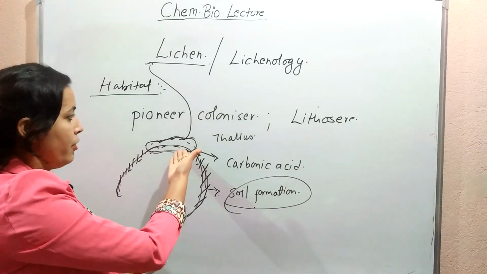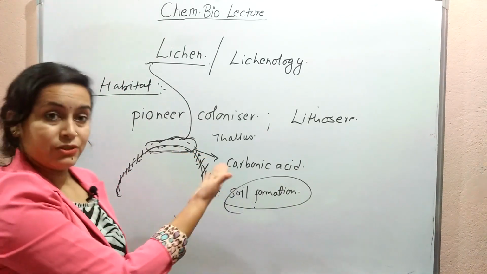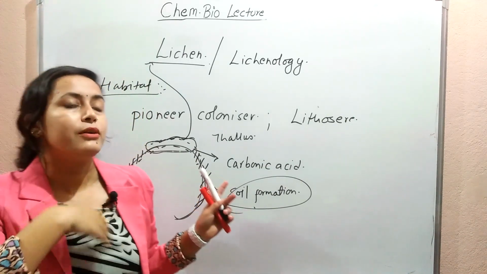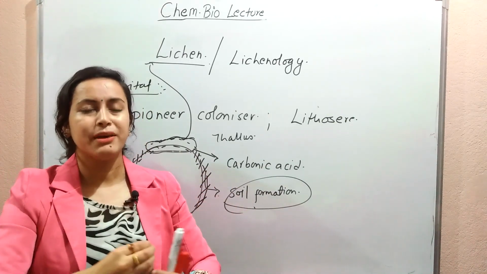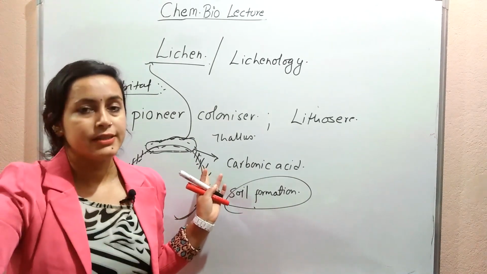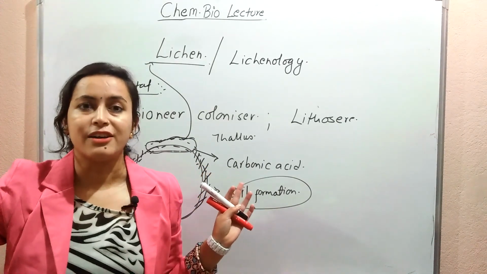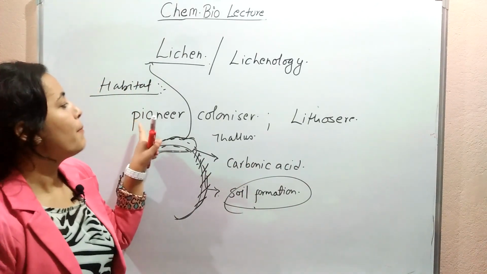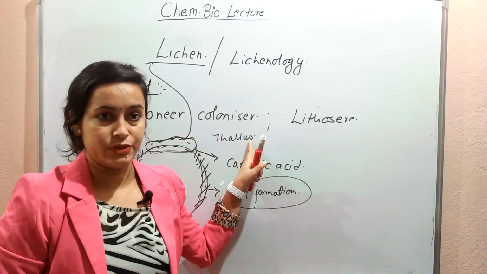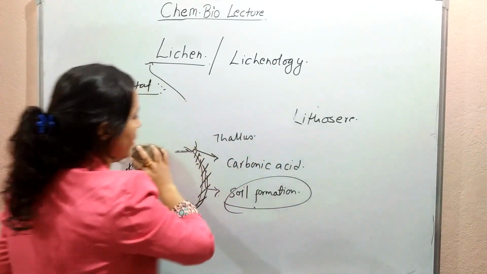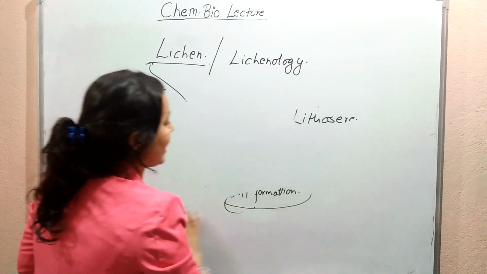Earlier I talked about lichens growing on a rock: a crustose lichen will grow first, and later, with the organic materials and the corrosion of the rock surface, even foliose lichen and fruticose lichen start to grow. In this way they are considered pioneer colonizers. So that is one of the very important economic importance of lichen.